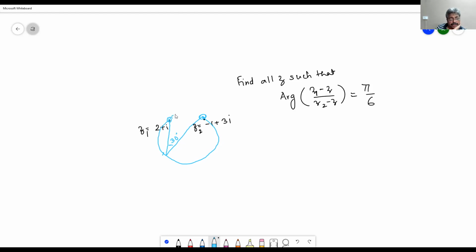Will this part of the circle also be the locus? No, sir. No, because if Z is sitting here, then Z minus Z2, that is this vector, when rotated anti-clockwise becomes this vector, and the angle is not this. If this is 30, this is 100, and it is anti-clockwise, so 360 minus 150.